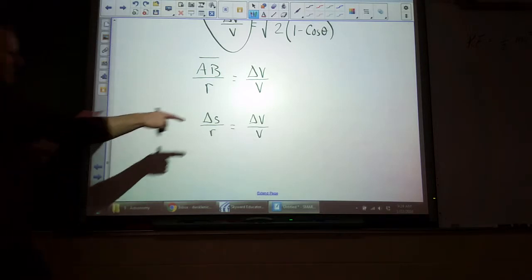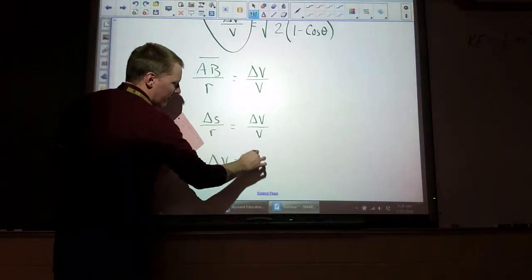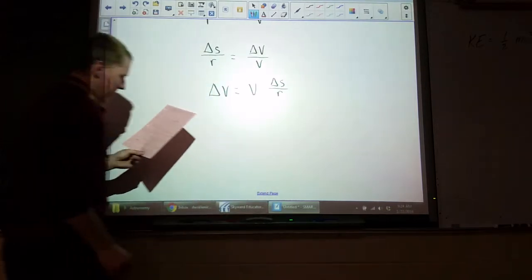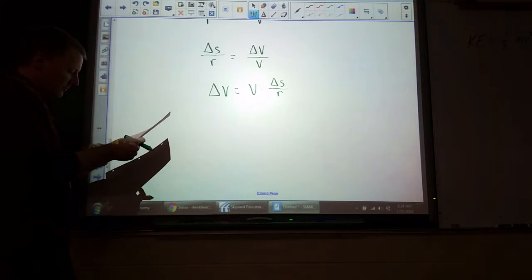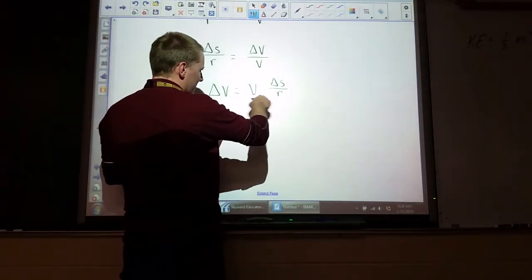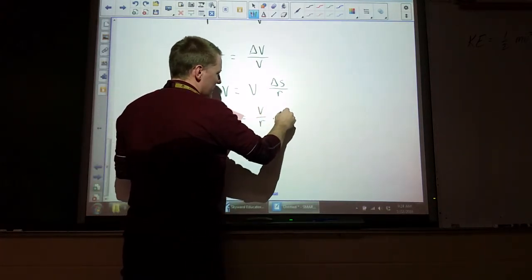Rearranging this, I'm just going to multiply both sides by V. We get a V over here times my delta S over the R. And finally, well, not quite finally, just rearranging this slightly, V over R times this delta S.